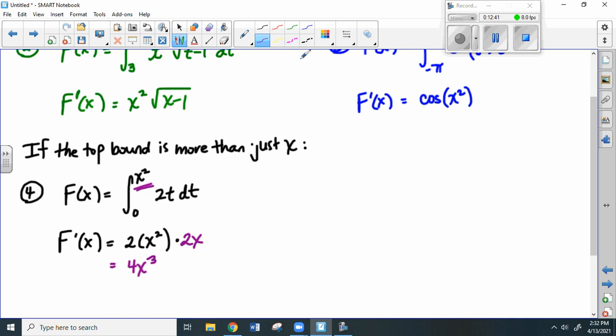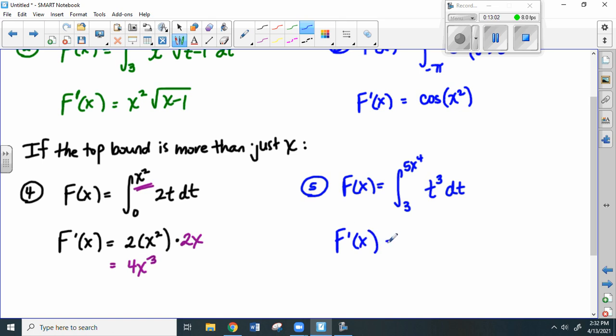Okay? Let me do another one. All right, so here's my f of x. Again, it's an integral from a constant to a function of x, but I'm integrating a function of t, okay? And I'm asking you to find the derivative, all right? If I literally wanted the integral, you would have to actually do it, okay? You actually have to integrate and then plug in the bounds.